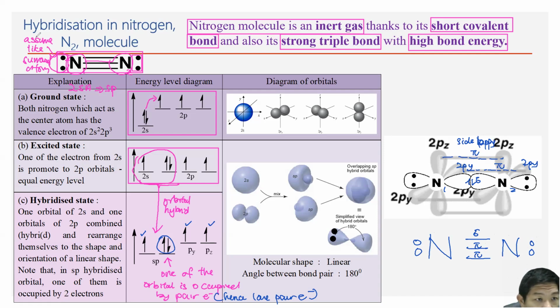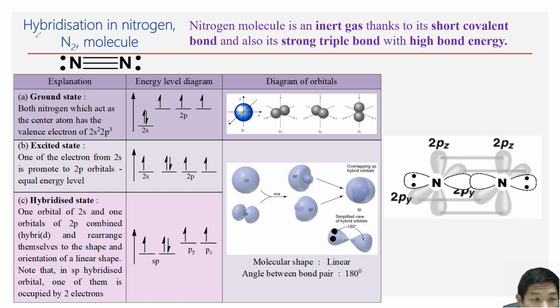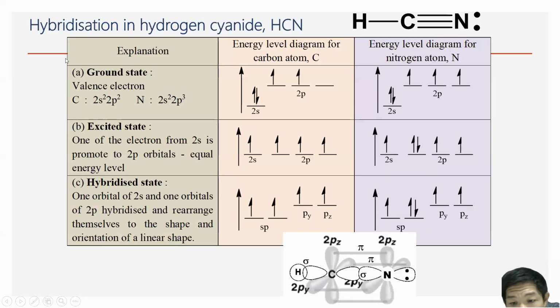Next, an example that we should also see is also a nitrogen-based compound, where we are going to discuss hydrogen cyanide. Inside your hydrogen cyanide, we are going to presume that there are two center atoms, namely the carbon and also the nitrogen here. So let's start off from the carbon.